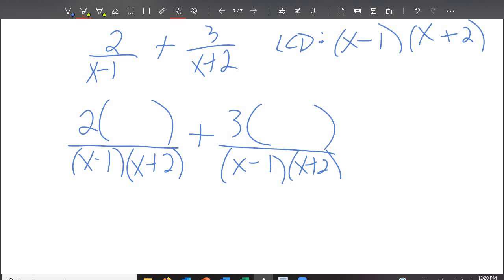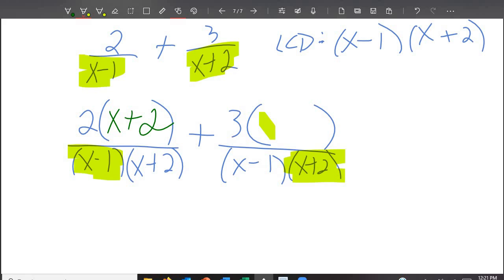Now, again, I'm going to highlight this was the original. I didn't highlight the x plus 2, so x plus 2 has to go in the top. Back to the highlighter. Notice this was originally in the problem. The x minus 1 is not highlighted, so it's got to go in the top.